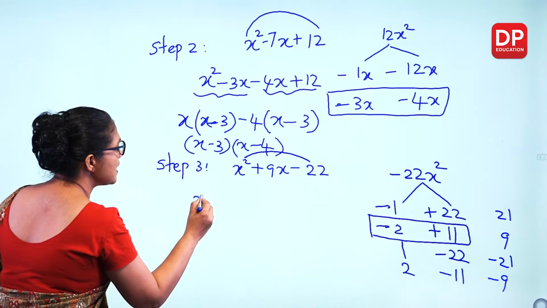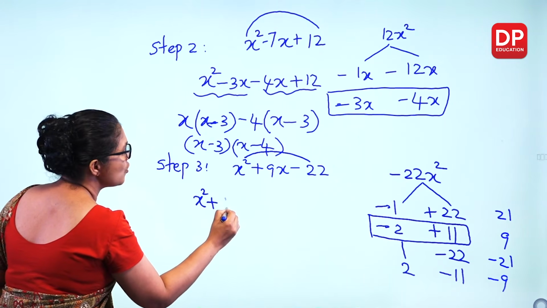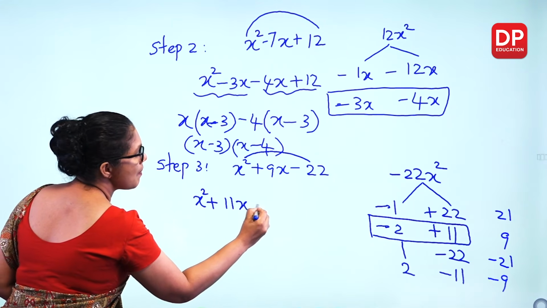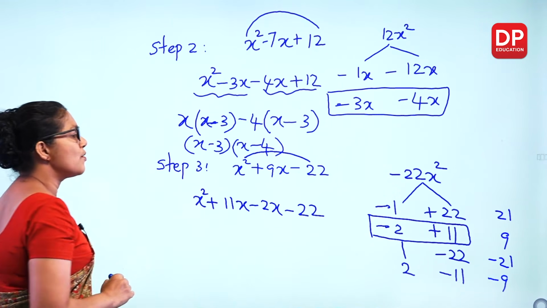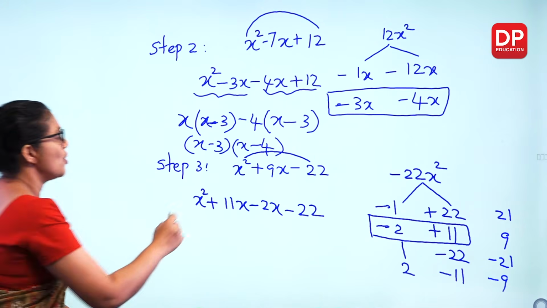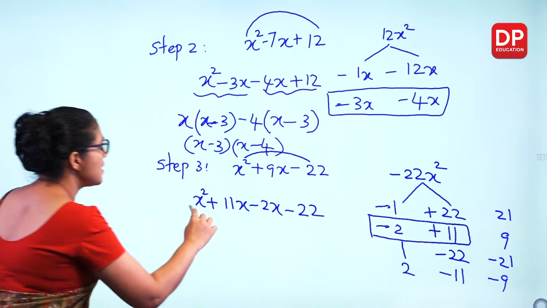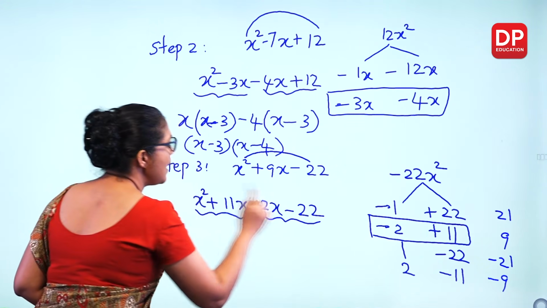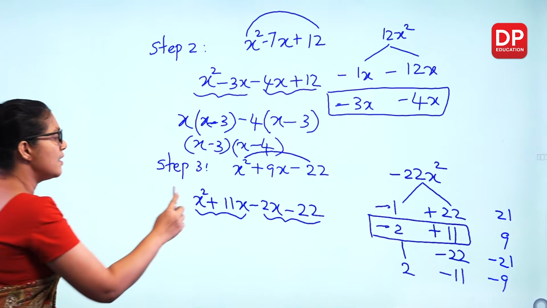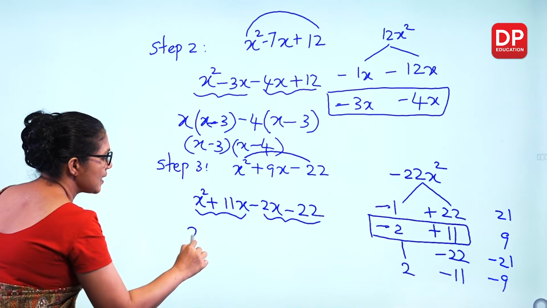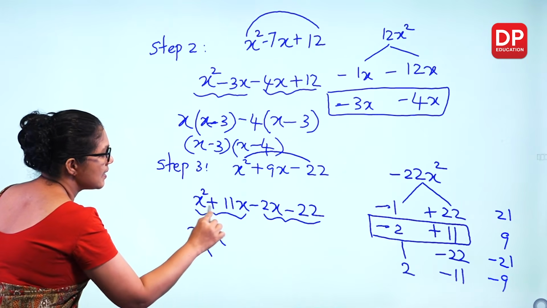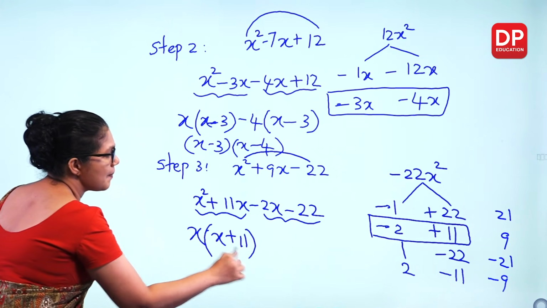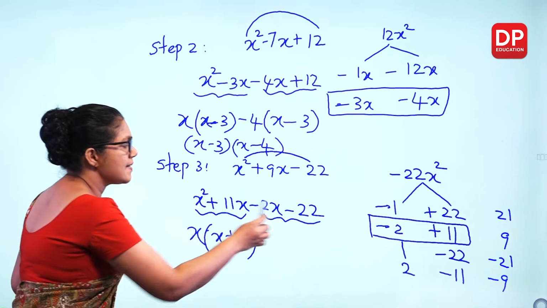So we are splitting the middle term into 11x minus 2x, and then you can write minus 22. Now 4 terms are there. Take the first two separately and the last two separately. So what can you say? Take x out. x is remaining and 11 is remaining. Now here the minus sign is common.